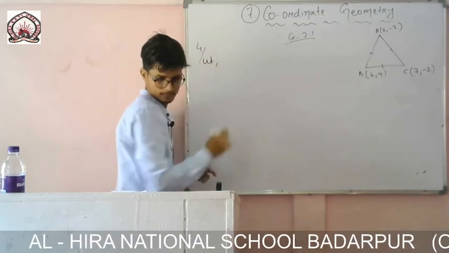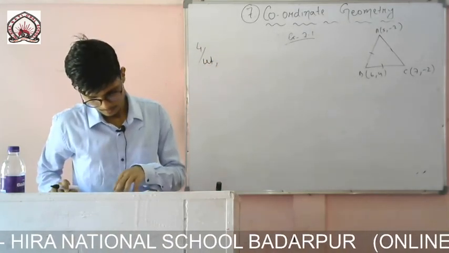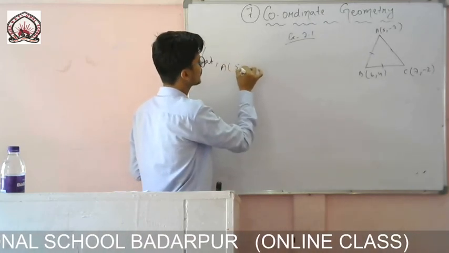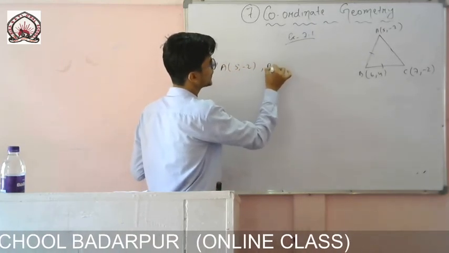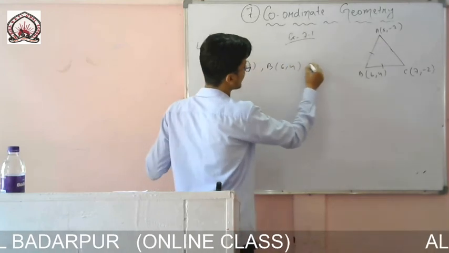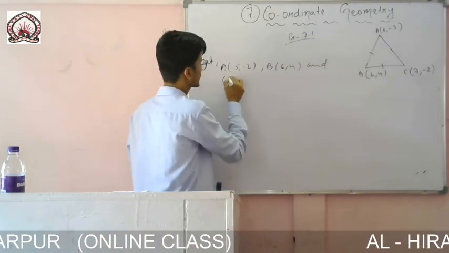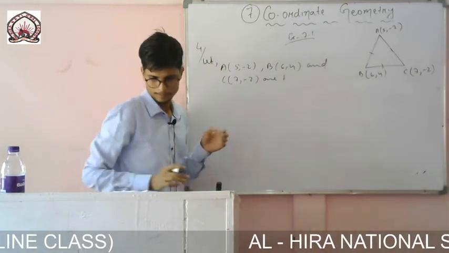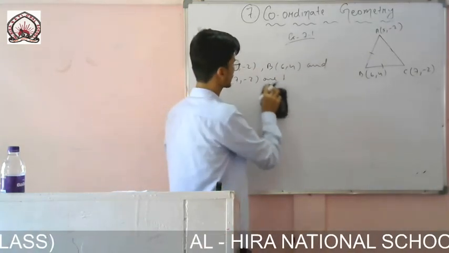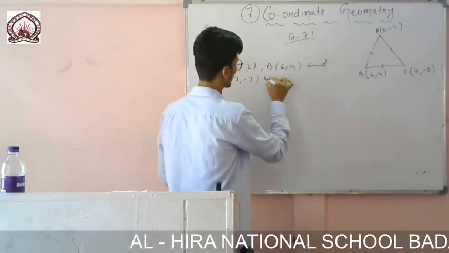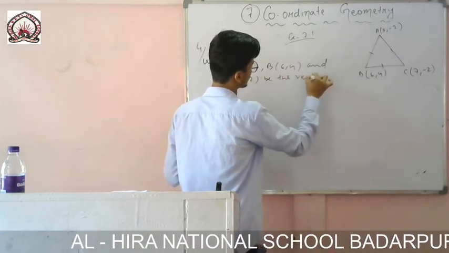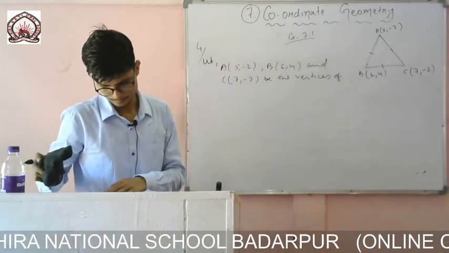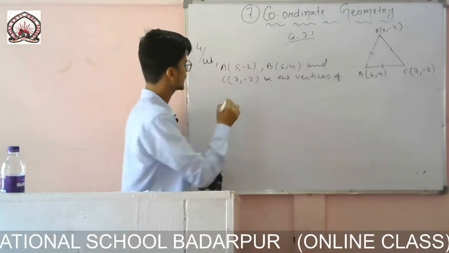Here it is given, let A 5 comma minus 2, B 6 comma 4, and C 7 comma minus 2 be the vertices of a triangle.